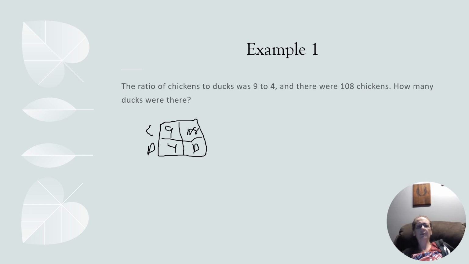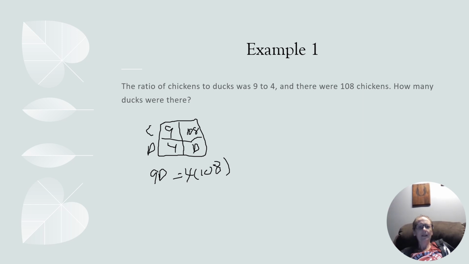Now you just cross multiply to solve. So we have 9 times D equals 4 times 108. I don't know what 4 times 108 is off the top of my head, so I'm going to look it up. That's 432. Sorry about that, my pen is rolling all over the place.